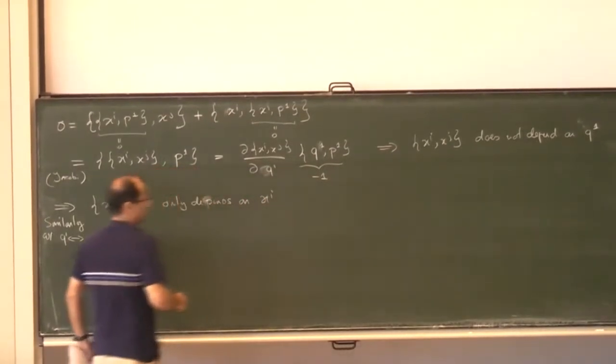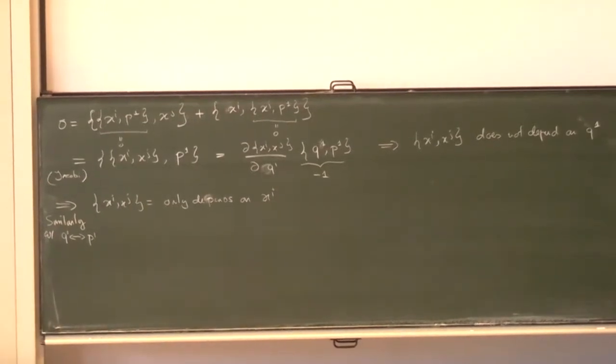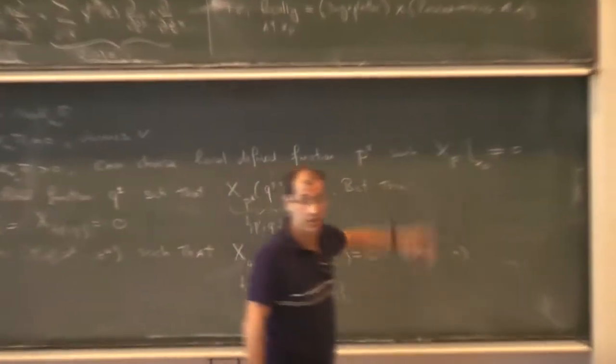Alright? So you split apart one symplectic piece, this P1, Q1. And now you can use induction to finish the result.